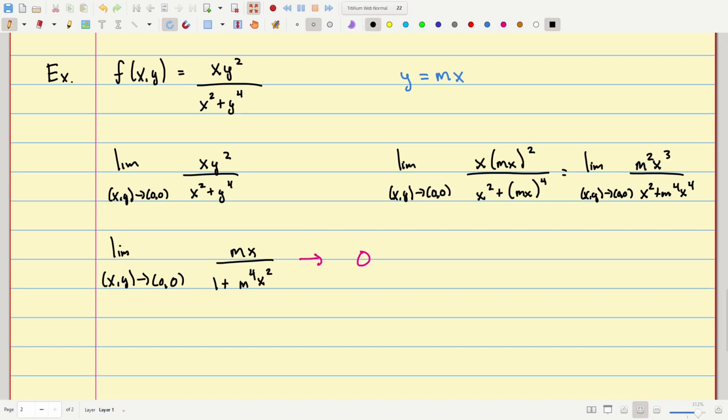So here we get that the limit is 0 for all straight paths through the origin.